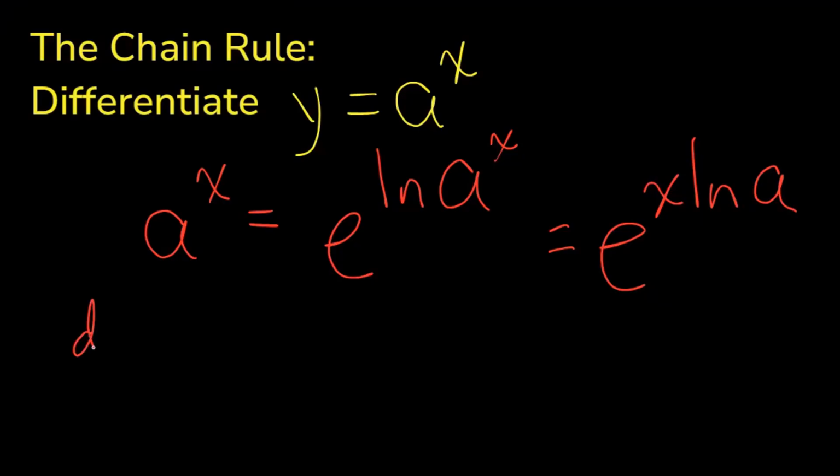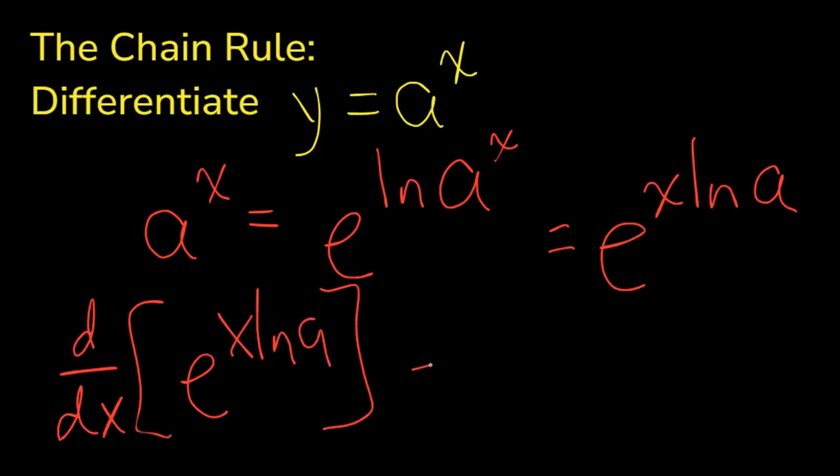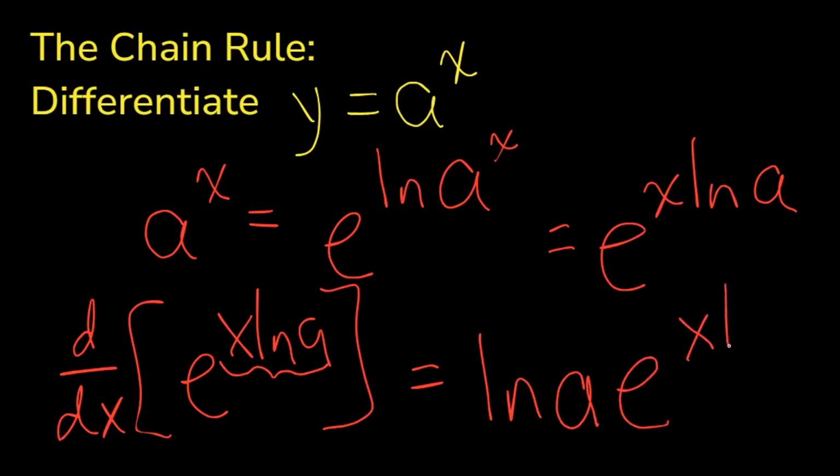So if I take the derivative of this with respect to x, then I can use the rule, it's u prime e to the u. So the u is the x natural log a, so the derivative of that is just natural log a times e to the u, which is x natural log a.